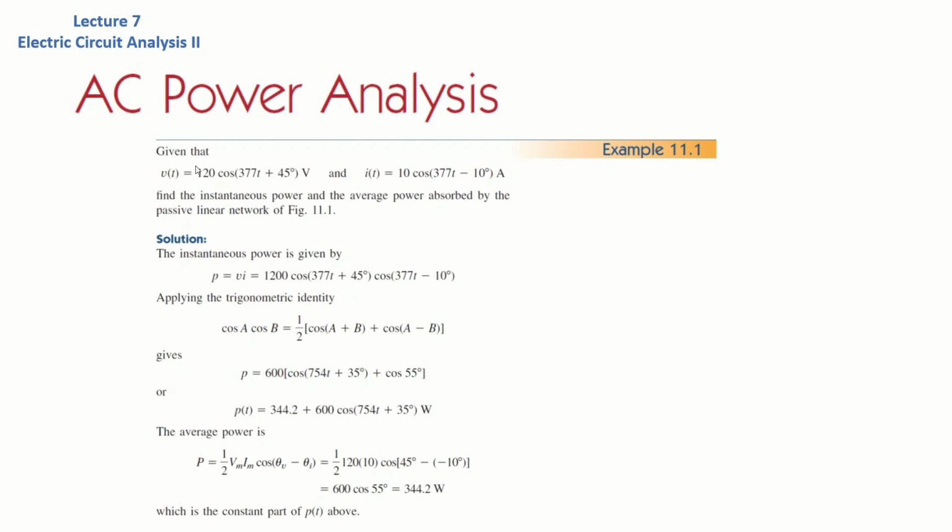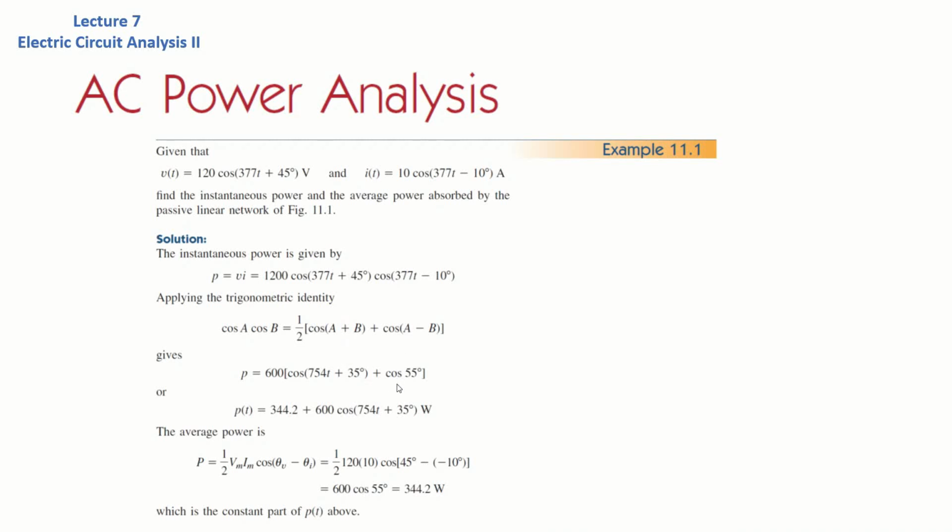As you can see, the amplitudes multiply with each other, so we have 1200 here, and the cosines are also multiplied, but for the cosines we can use this identity to write them like the expression I've just shown you before.